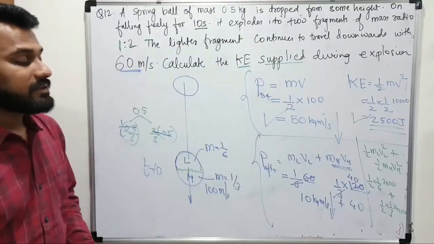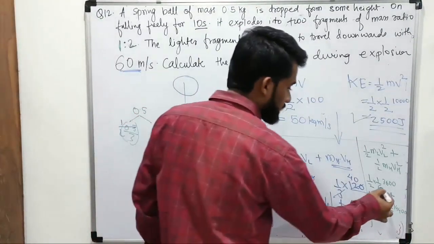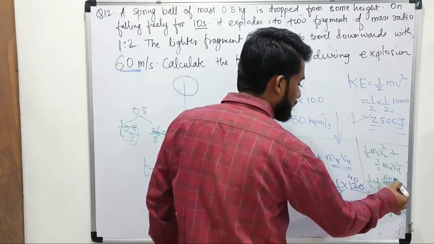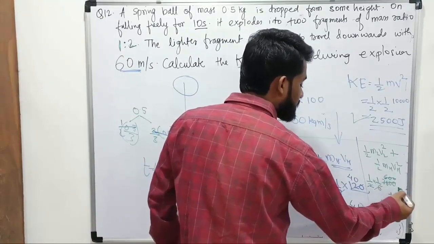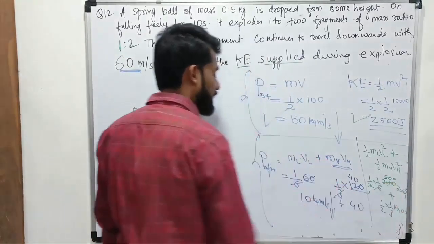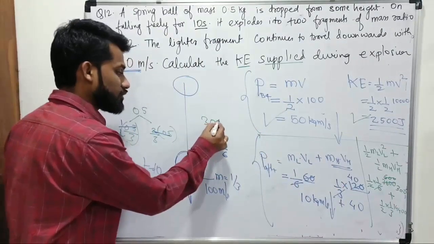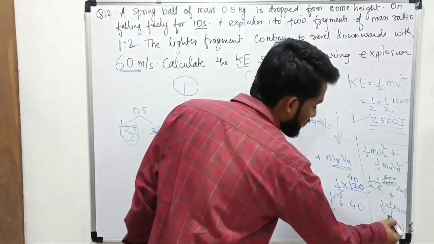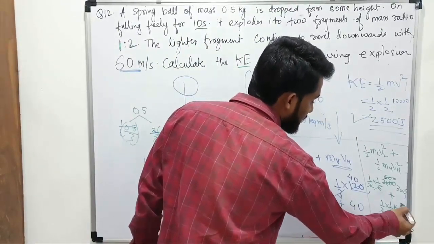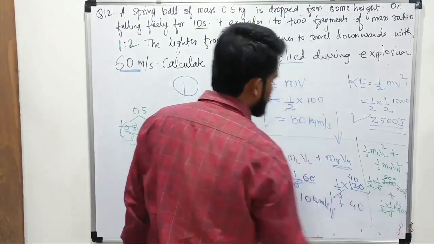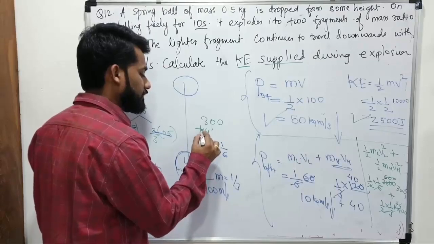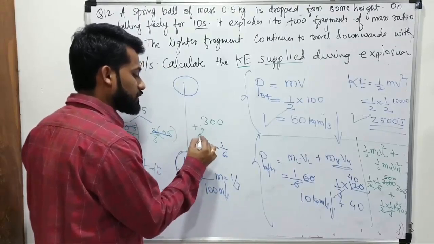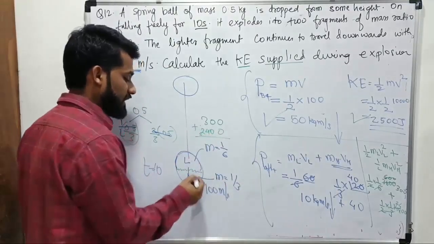And if I add these two numbers, 600 and 600 by 2 is 300. So the first kinetic energy is 300. The smaller particle's kinetic energy is 300. The heavier particle's kinetic energy will be, 6 24s are, so it is 2400. 300 plus 2400 is the energy of the heavier particle.